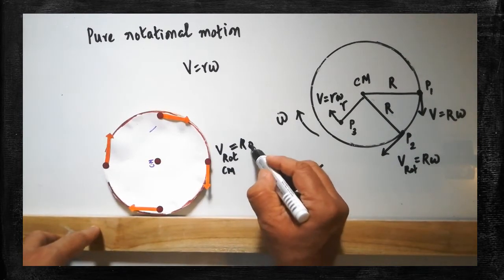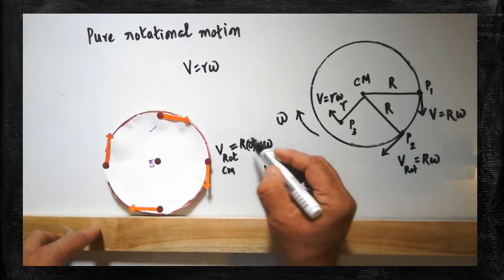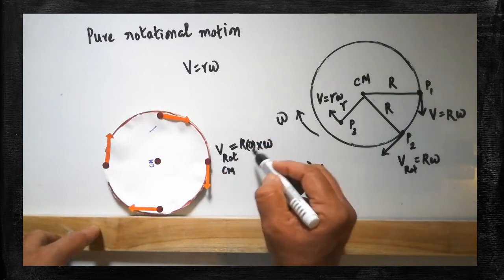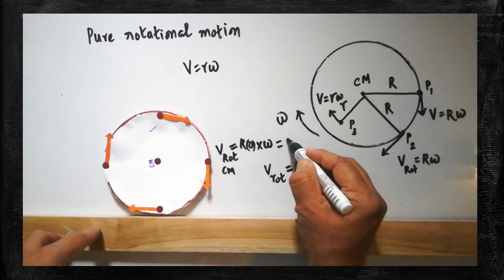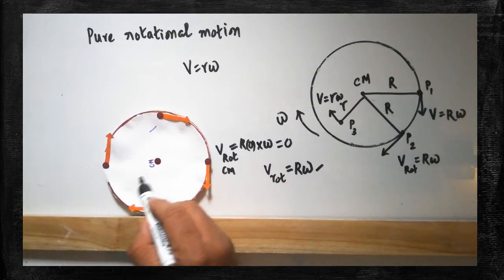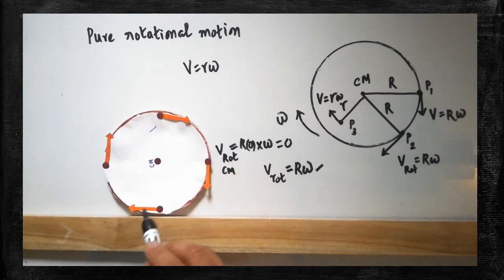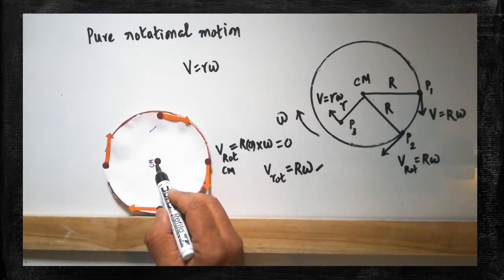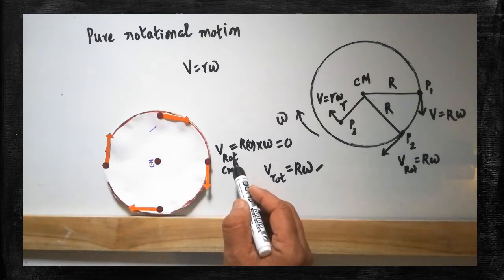Here omega is there, but V rotation of the midpoint, the center of mass, is 0. So finally you are getting 0. Except this point, the rest of the points on the rolling disk all have rotational velocity. The point located exactly at the center does not have any rotational velocity.